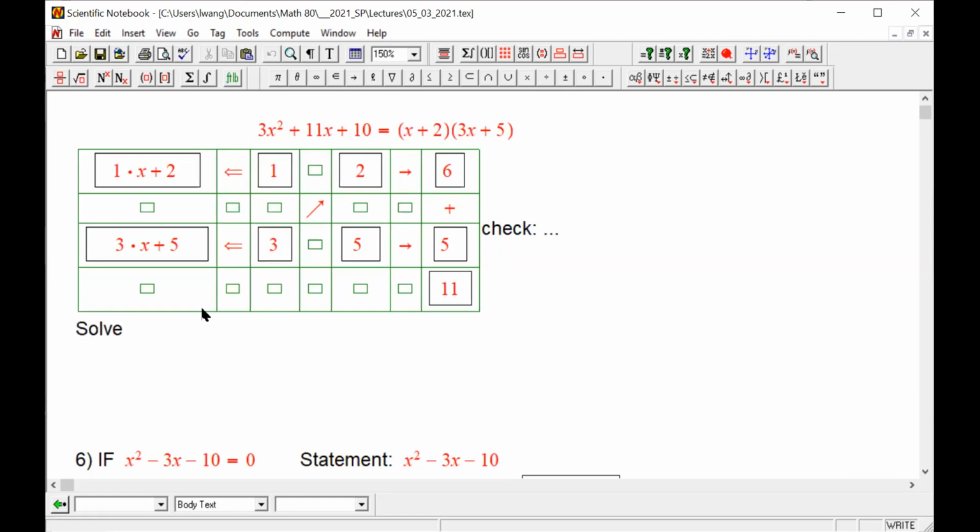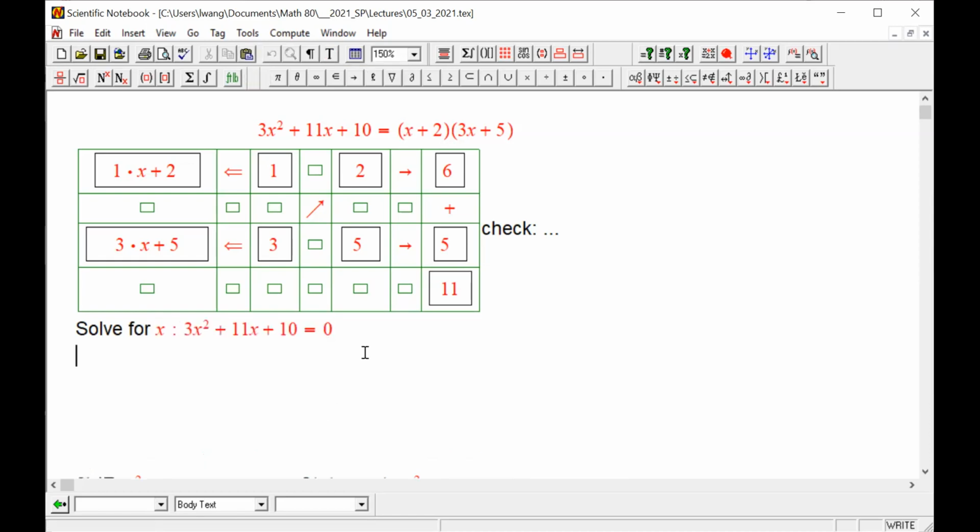Solve for x from here, right? If this is true, then the product, which is the left-hand side, is equal to 0. And then we're going to use principle number 5: x plus 2 equals 0, or 3x plus 5 equals 0.